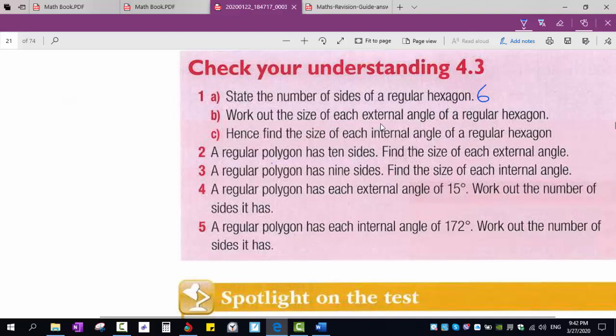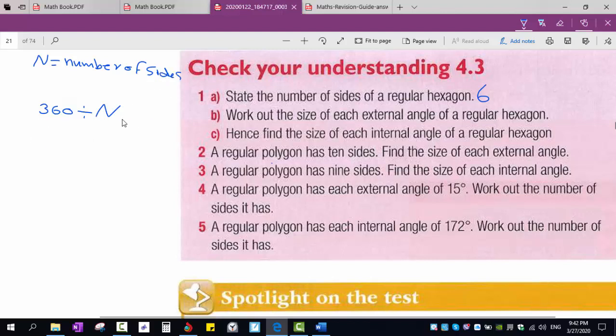Work out the size of each external angle. Remember, to work out the external angle, we always divide 360 by the number of sides. N capital stands for the number of sides.